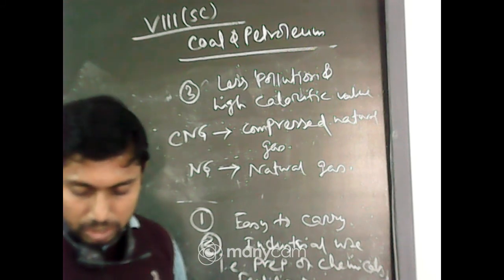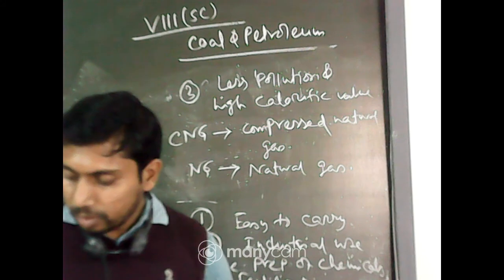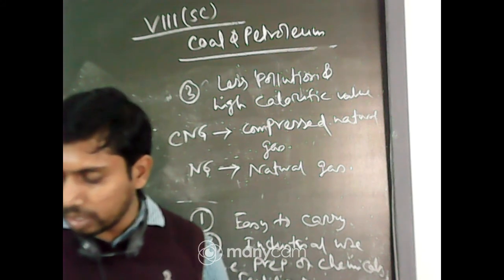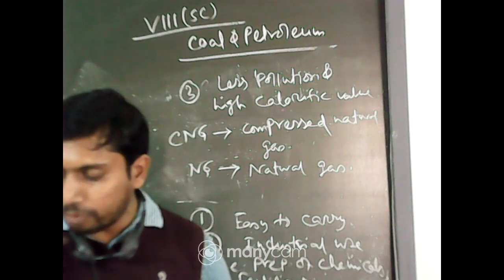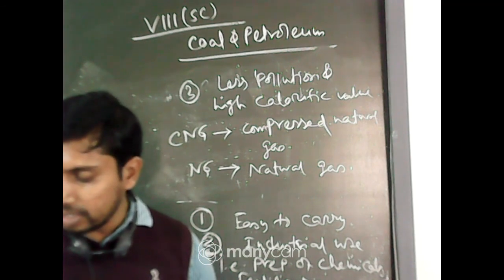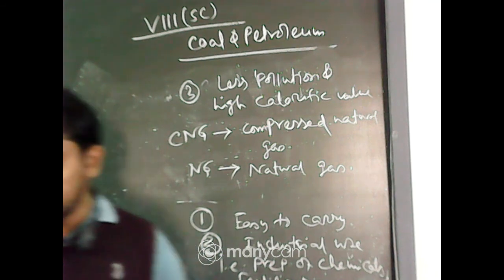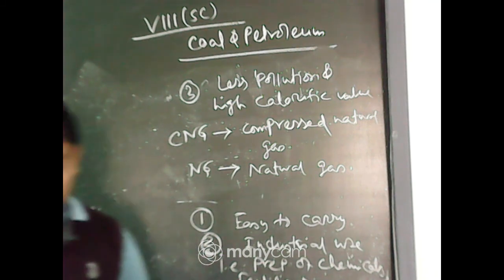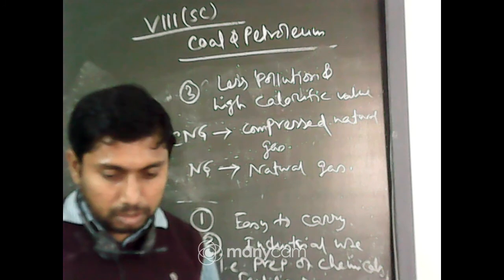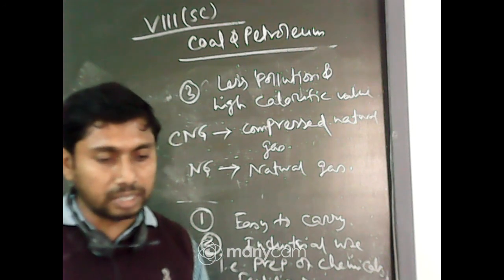Okay, so that's all for the chapter. Here it is also mentioned in the lower half of section 5.4 that some natural resources are limited. And what is the full form of PCRA? Petroleum Conservation Research Association.